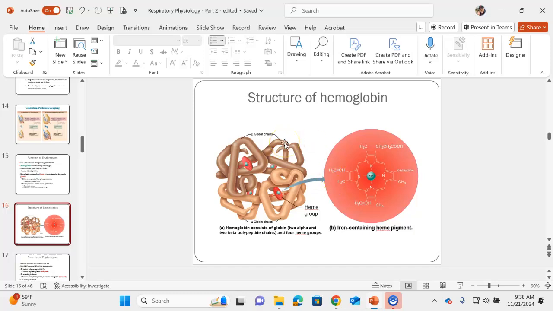Now, here's the thing that I really want you to wrap your brain tissue around here. Whether hemoglobin is trying to load up with oxygen by binding to these iron cores of the heme pigments, or it's trying to unload oxygen and give it away, the three-dimensional structure of this actual physical molecule can change shape.